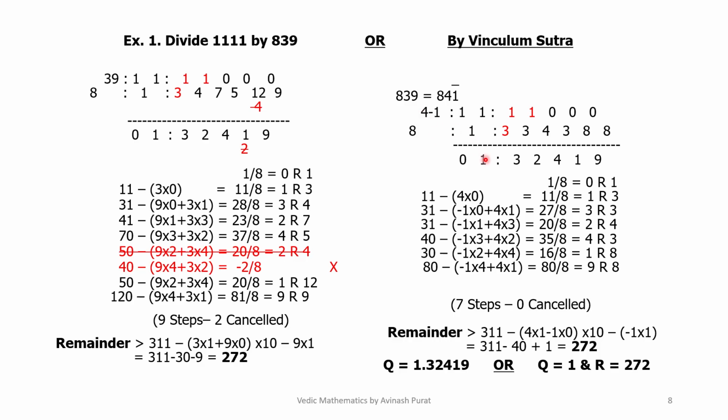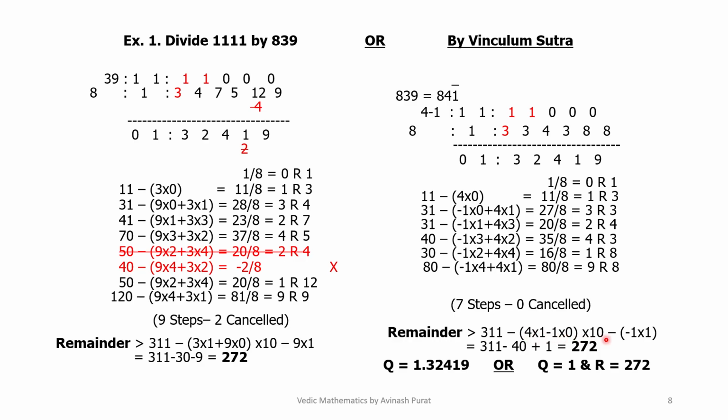4 into 1 minus 1 into 0 multiplied by 10 minus 1 into 1. So 311 minus 4 into 1 is 4 minus 0.